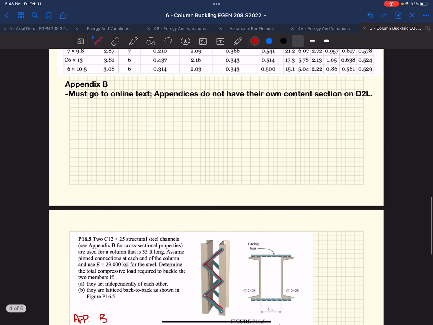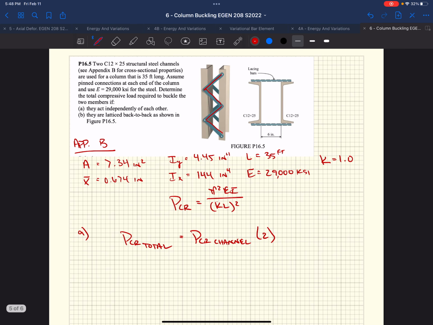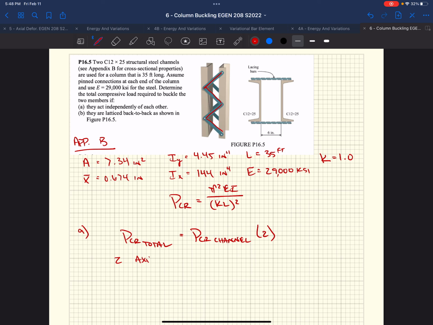So similarly, we've got these channels, okay? We're going to want to look, right? We have two axes to look at, right? We have X and we have Y, right? This might be our Y-axis. This might be our X-axis, right?